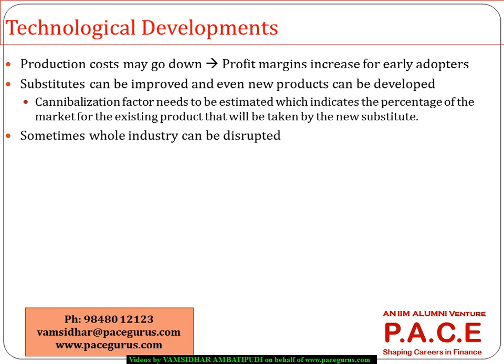The higher the technological advancement, the cost of operations and cost of production may typically go down, which means the cost of goods sold will go down, which could result in increased operating profit margins. At least for companies which are the early adopters of the technology, where the cost of technology is not that high, that will definitely result in production costs going down, which could result in overall profits going up.